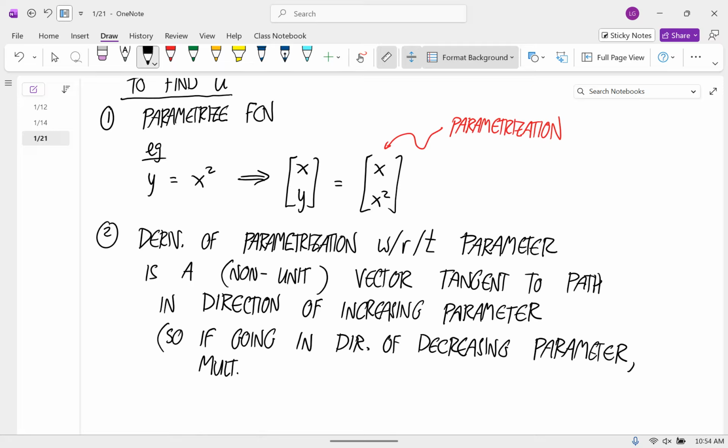You have to multiply this whole vector by -1. Now that you have a vector that's in the direction you want, all you have to do is normalize it, find a unit vector in that same direction.